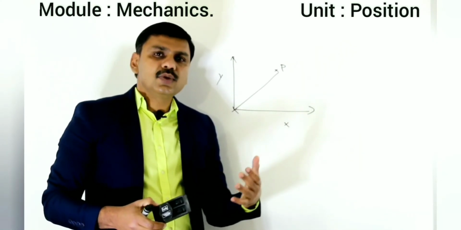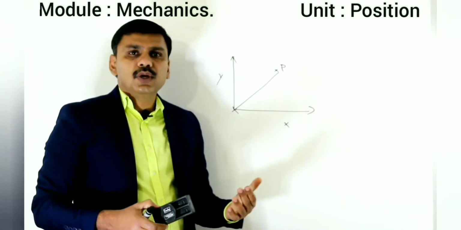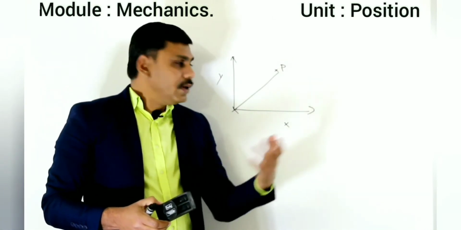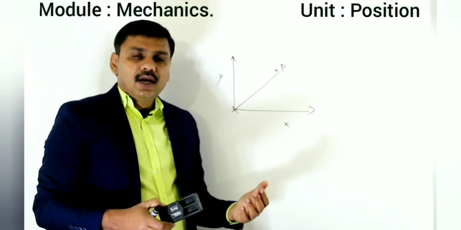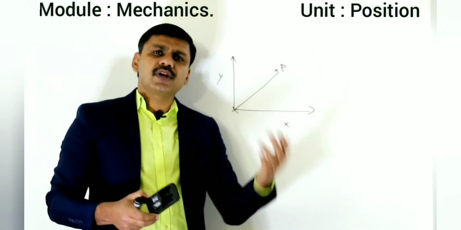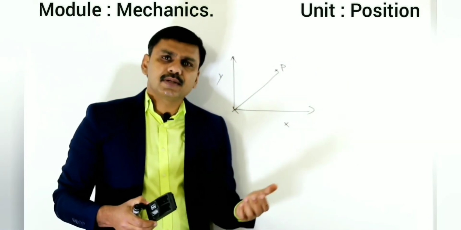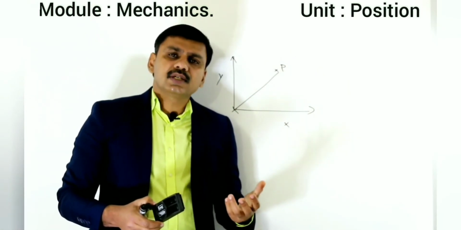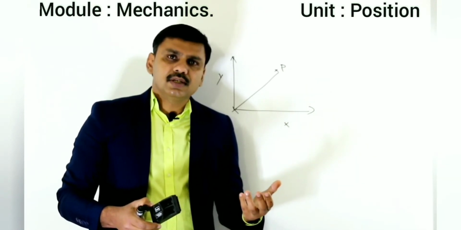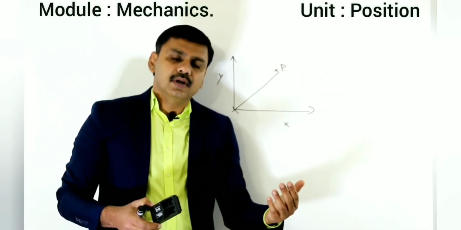So these things you can explain with respect to a set of coordinate axes, or with respect to a point, and they are known as frame of reference. By using frame of reference, you are expressing the location of the object, the position of the object, the rest of the object, and the motion of the object.